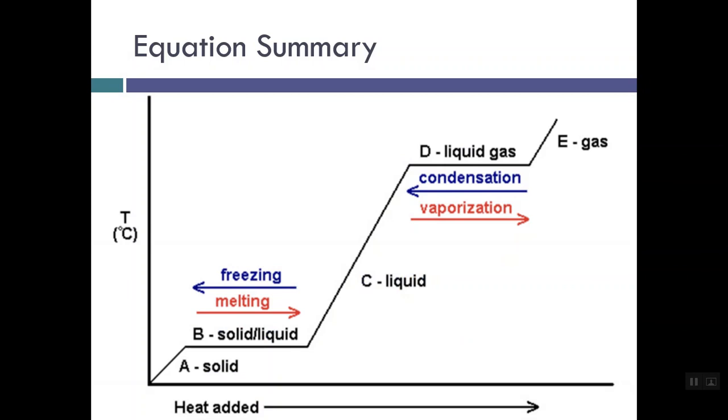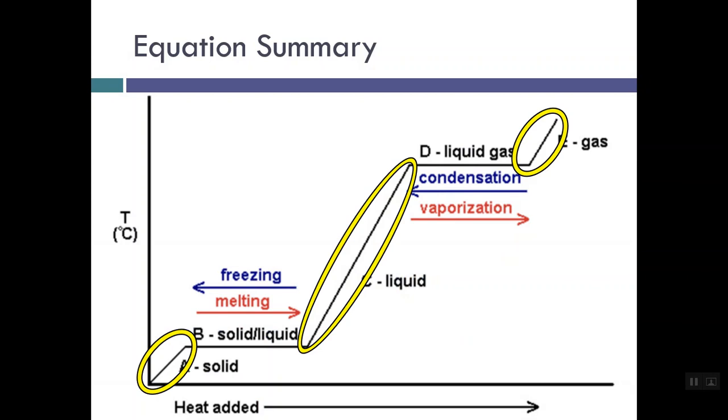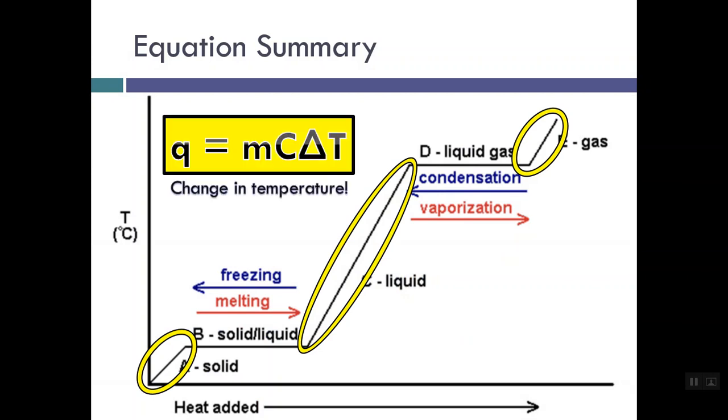So let's summarize what we just went over here. Here is our heating curve. Notice when you have a change in temperature, when it's a solid or a liquid or a gas and it's changing temperature, you use the MCAT, all right, because you have a change in temperature.